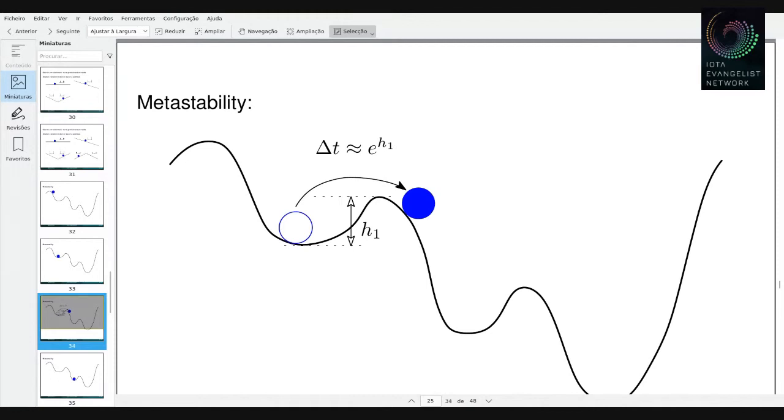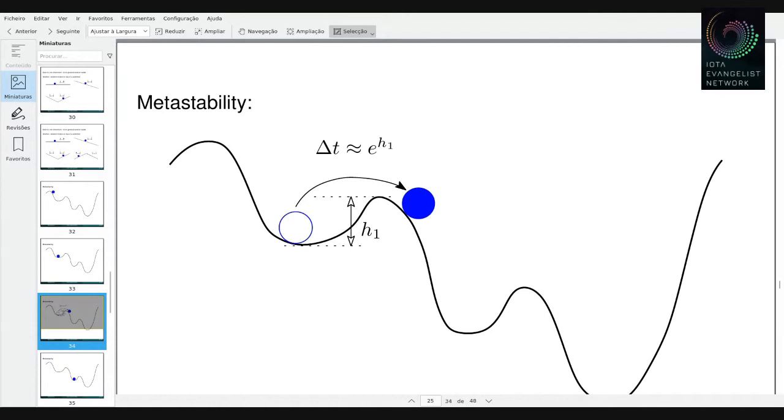We usually call this thing here a potential well, and this h1 is its depth. And the time which the drunken guy will spend here is some random constant, almost exponentially distributed in fact, times exponential of the depth.